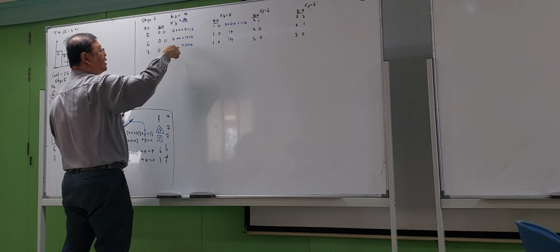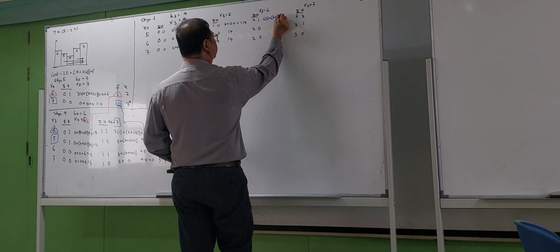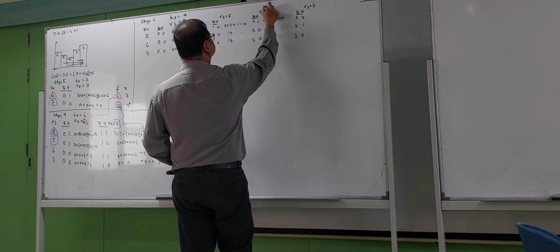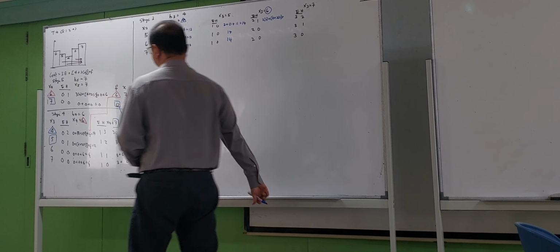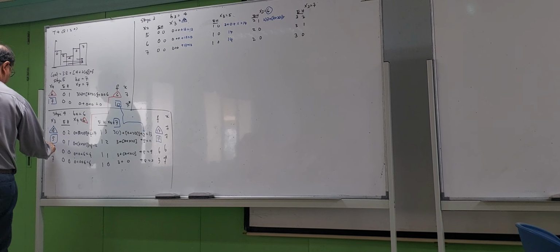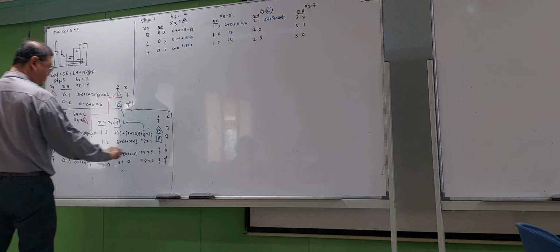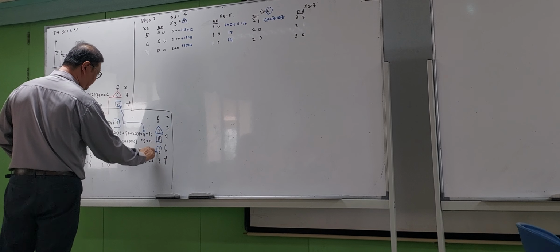So here, 2 times 3, 3E plus 4 plus 2H plus F. 6. If E and H are 0, then this is all 0. Okay?